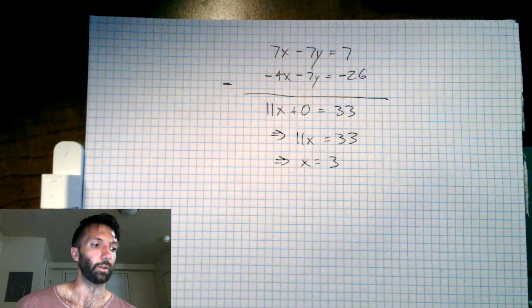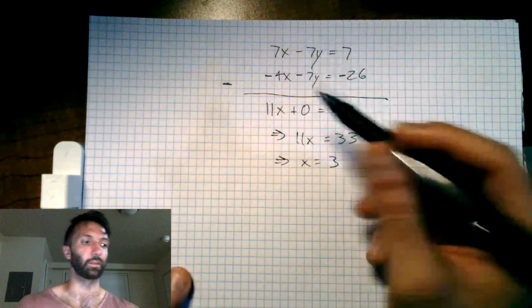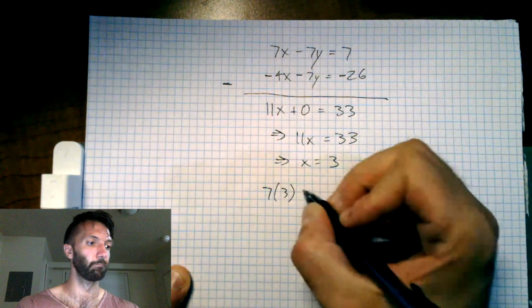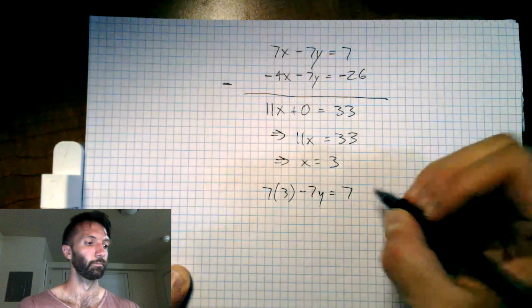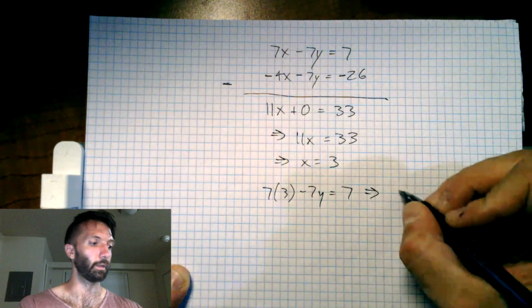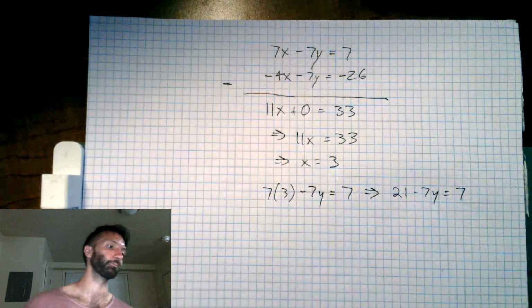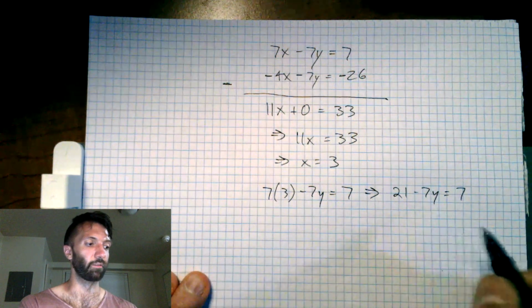And now that we know what x equals, we can go ahead and substitute it in for x. So I'll pick the top equation. 7 times 3 minus 7y equals 7. And that's going to be 21 minus 7y equals 7. And then I can subtract 21 from both sides here.